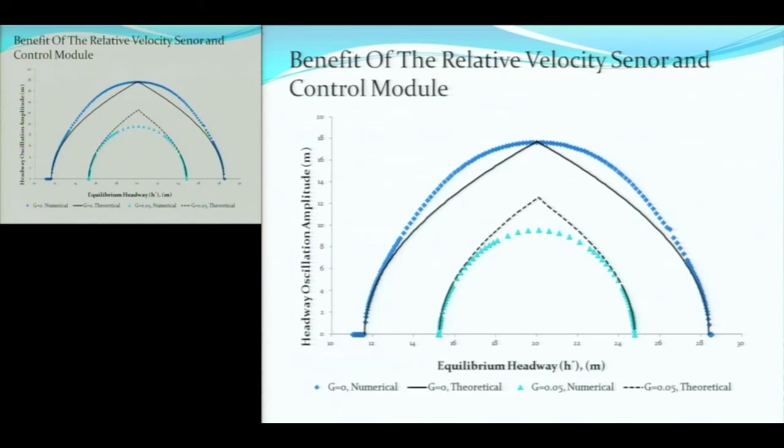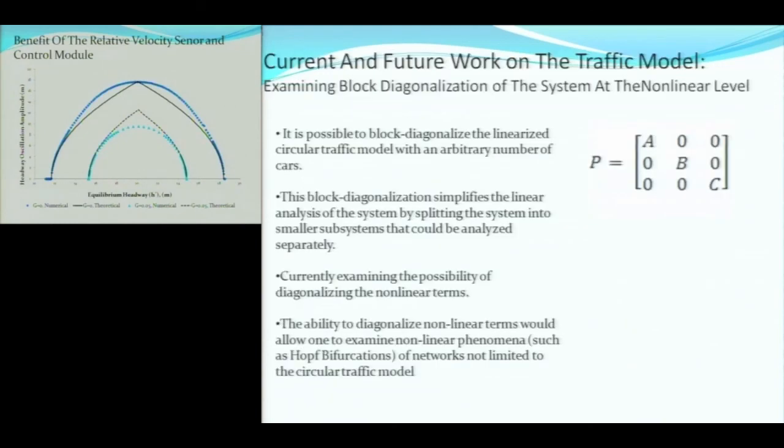But also the oscillations where the parameter g is present, so in the bottom 2 graphs, are much smaller than the oscillations where g is not present, which is in the top 2 graphs. So this is the first time we could analytically show that adding this relative velocity sensor and control model would benefit both linear stability and nonlinear stability of the system at supercritical values.